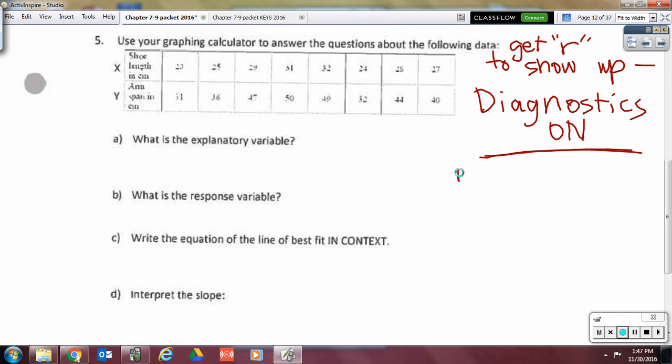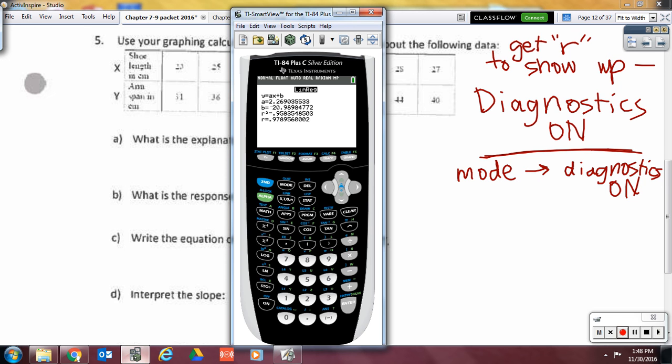So if you have a newer calculator, you can press the Mode button, and then you go down and you turn your diagnostics on. So I'll show you what that looks like. So here we go. Mode is right there next to the second button.